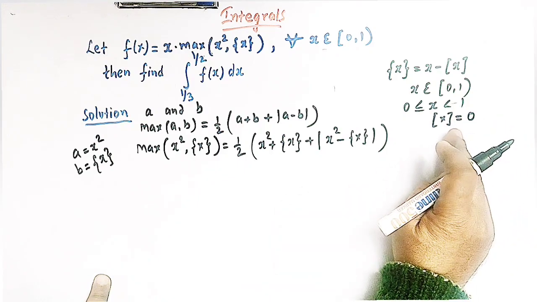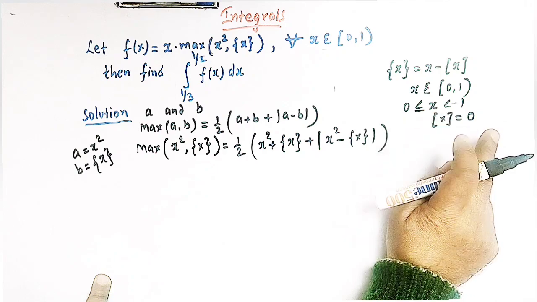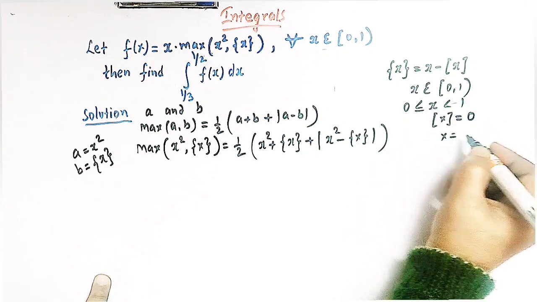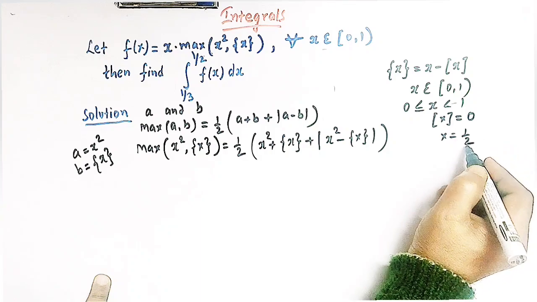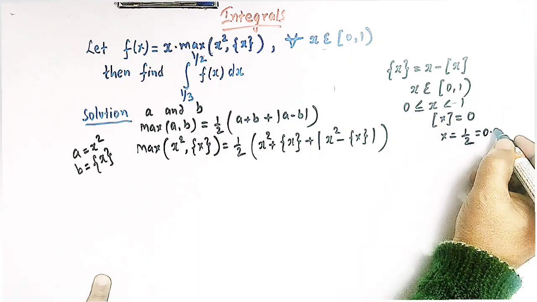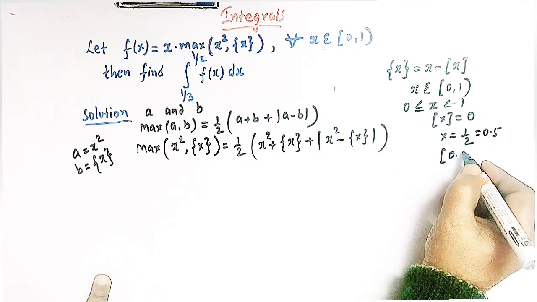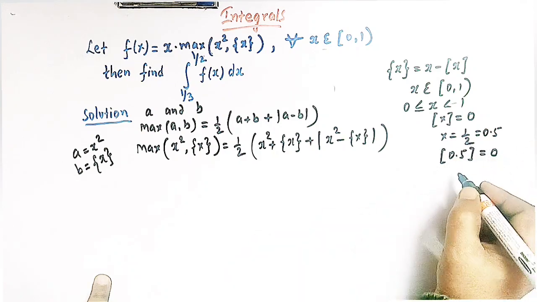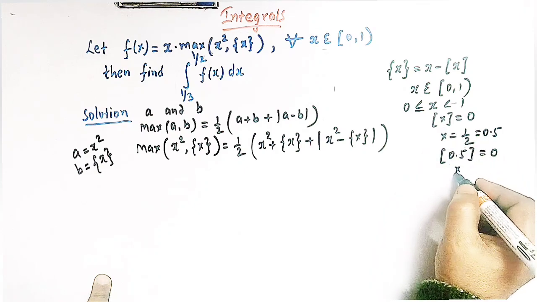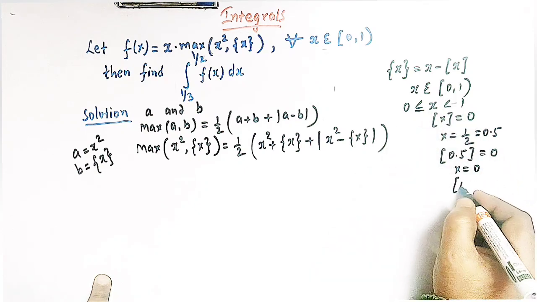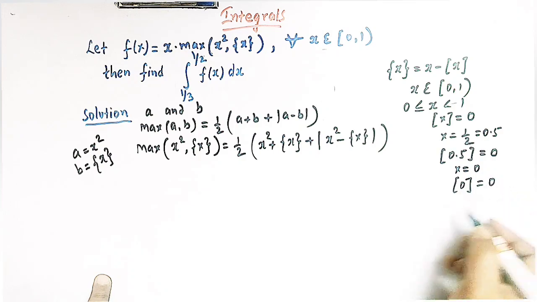This is due to the definition of the greatest integer function. If we take x equal to half, which belongs to this interval, so half is 0.5, the greatest integer of 0.5 is equal to 0. Similar is the case with x equal to 0, because 0 is included, so the greatest integer of 0 is equal to 0.